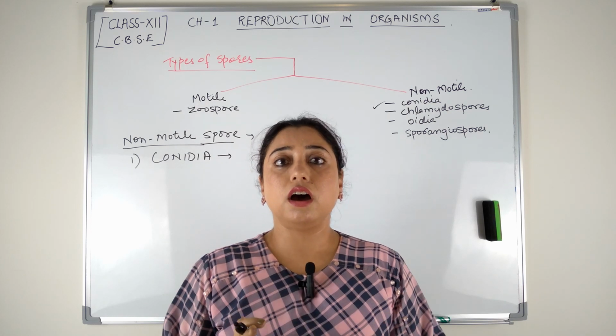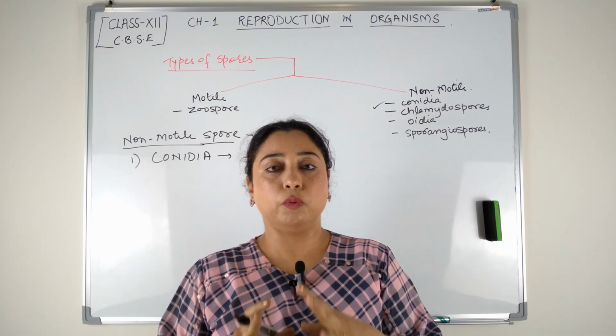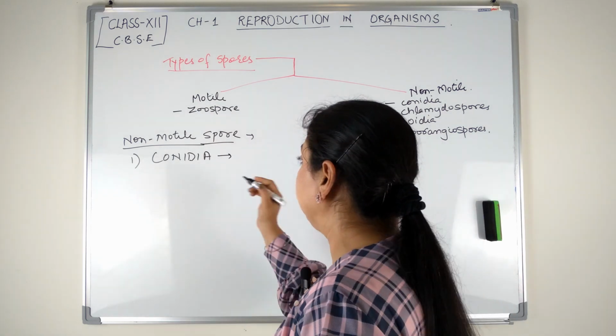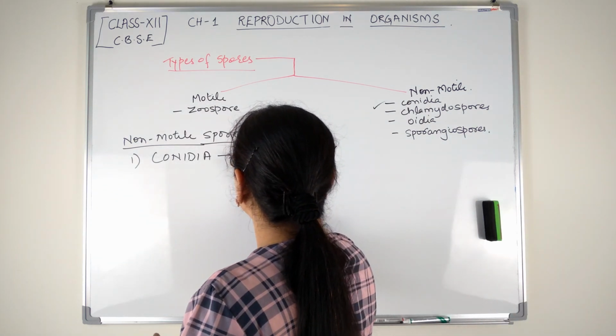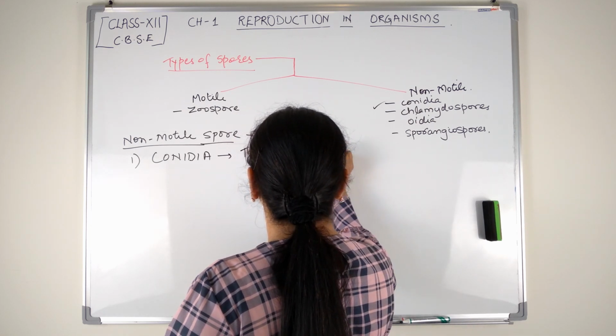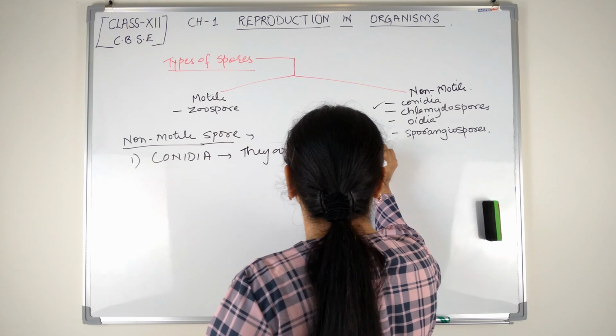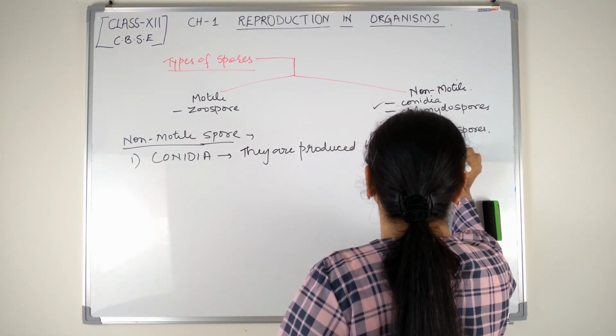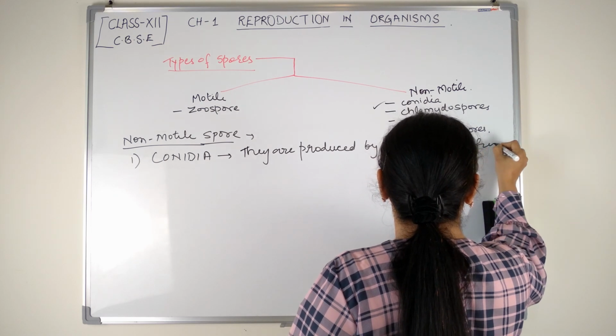Conidia are the most common spores of Penicillium, a fungus. They are commonly produced by Penicillium, which is a type of fungus.